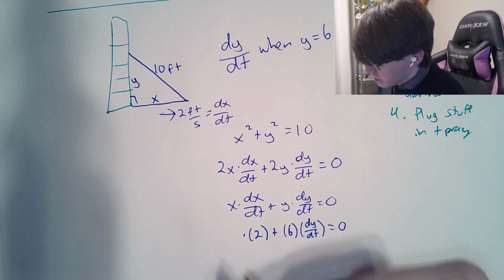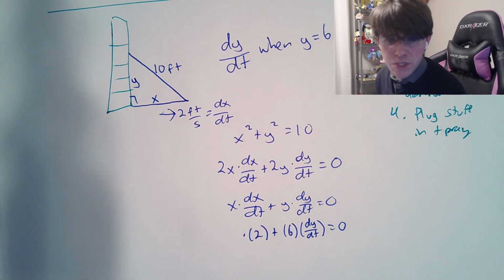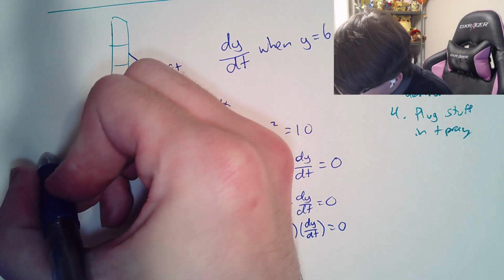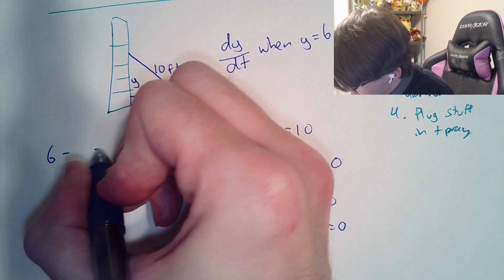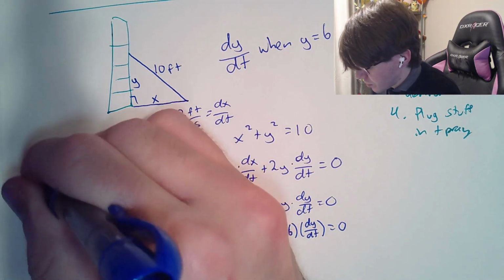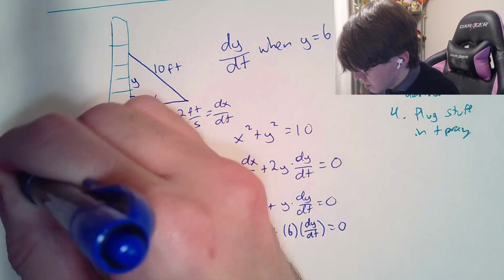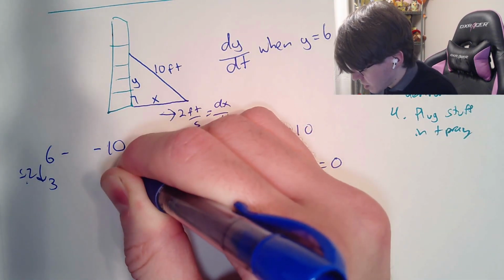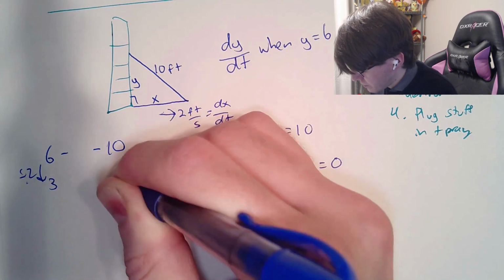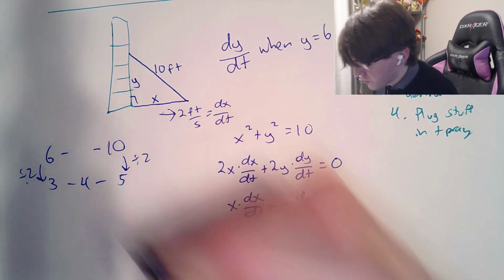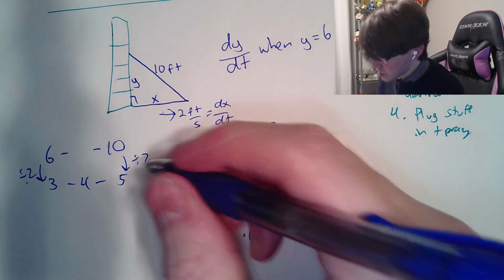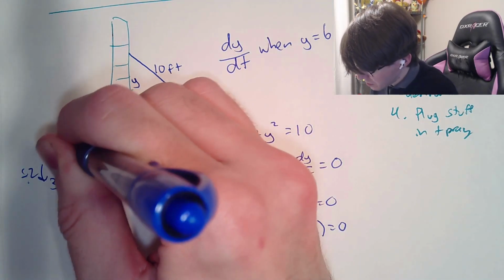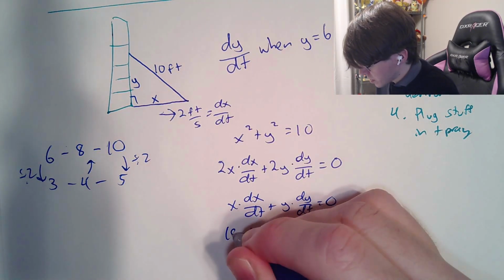If you don't know what I'm talking about here, there is a trick to a lot of these problems that teachers make happen. So we have a side of 6, a side that we don't know, and a side of 10. If I divide both of these by 2, I get a 3 and a 5, but there's that 3, 4, 5 triangle. So if I could divide by 2, I can multiply up here to get 8, and that's the fast way to figure out that this guy is an 8.